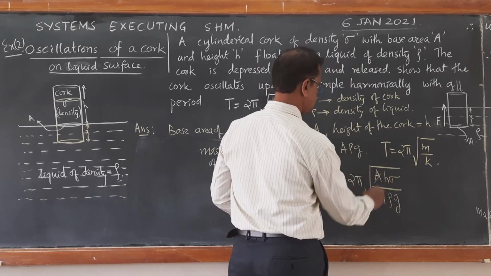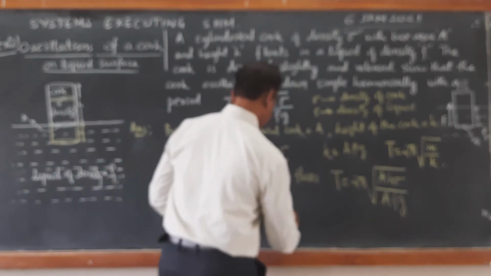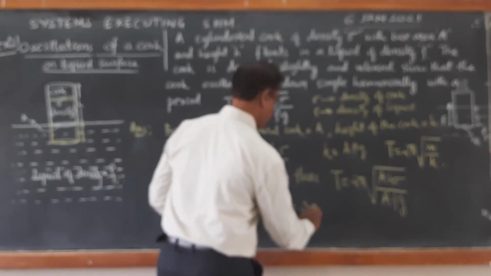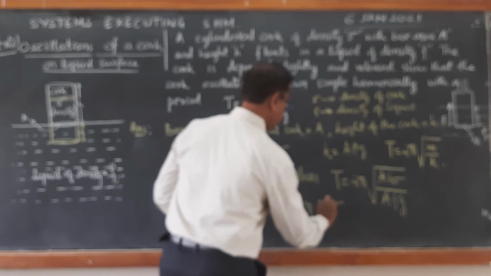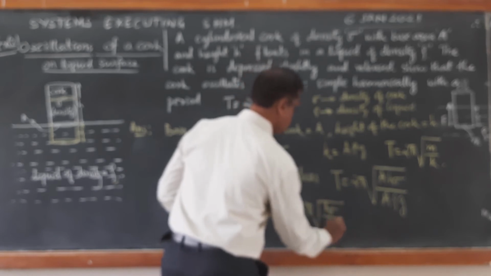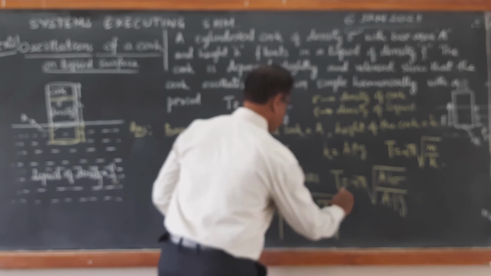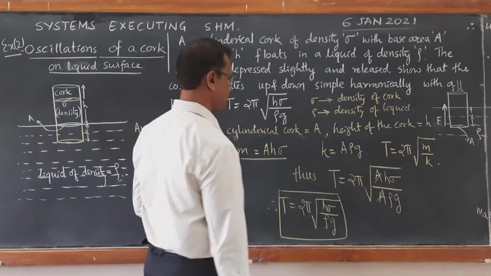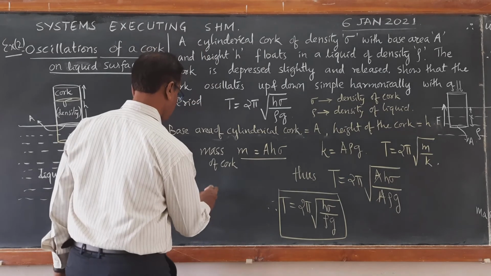A cancels, thus you are left with T equal to 2 pi square root of H sigma upon rho g. So this is how we get the time period of oscillations.